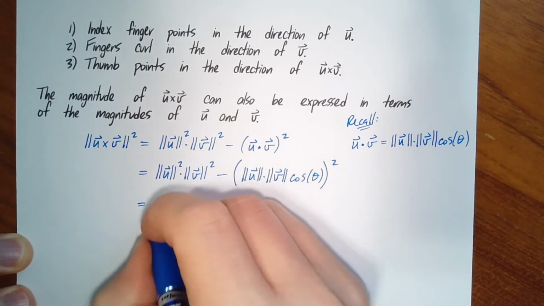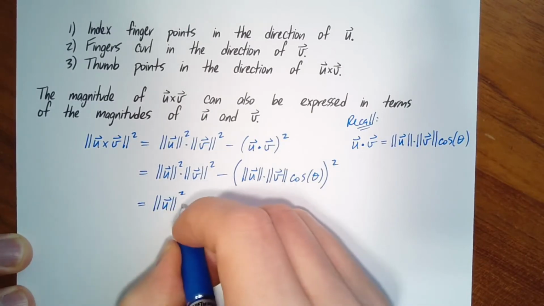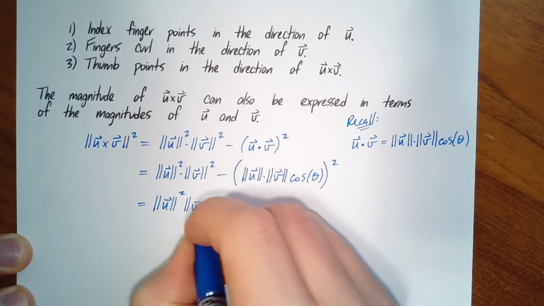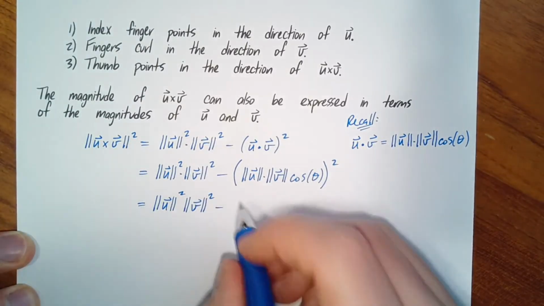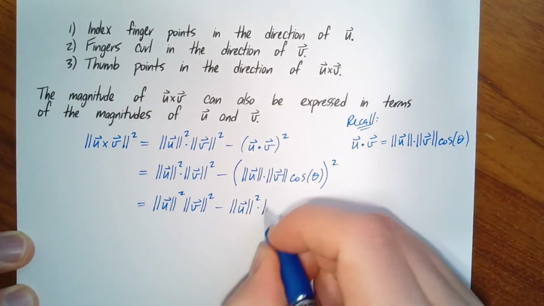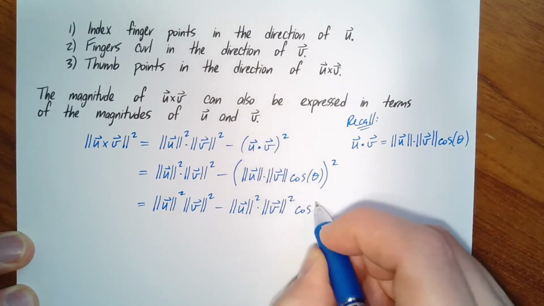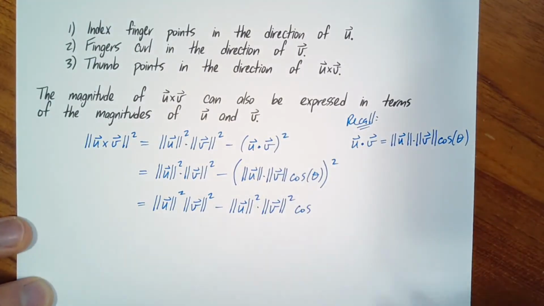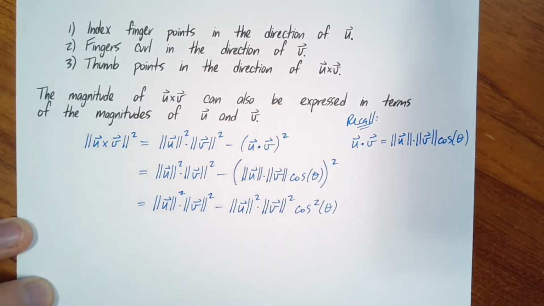If we take advantage of that, we get the norm of u squared times the norm of v squared minus the norm of u squared again times the norm of v squared times cos of theta all squared, which typically you would just write as cos squared of theta.